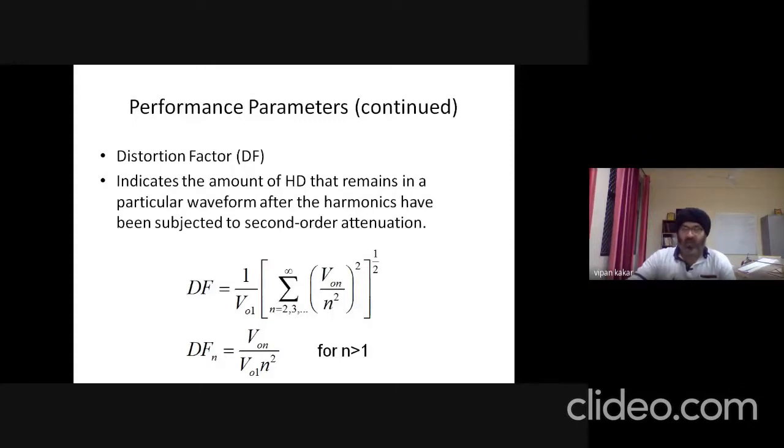After removing them using filtering, we can again find out the amount of harmonic distortion remaining. One is before filtering, to find out the distortion. Second is after removing the harmonics, how much distortion is actually remaining inside the device. That is the distortion factor.